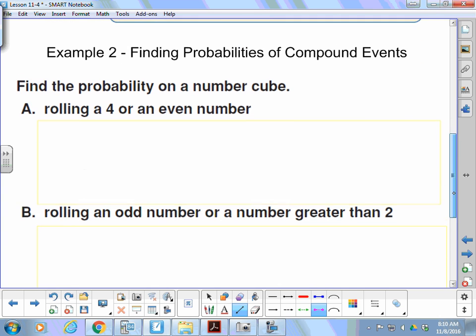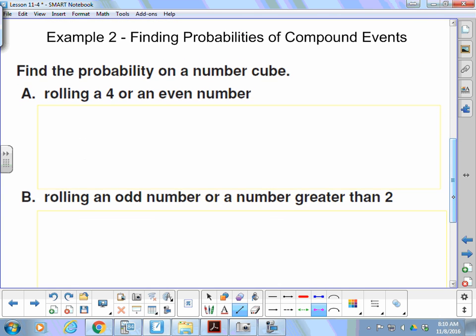All right, so find the probability on a number cube of rolling a 4 or an even number. Now, lots of times these can be done without having to actually make a Venn diagram, so you can do that also.